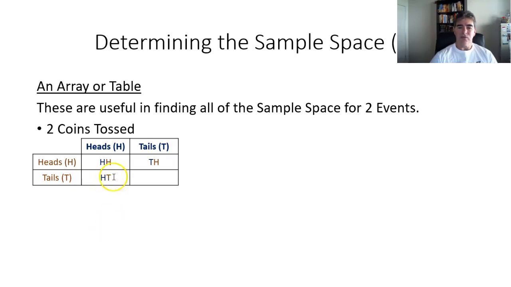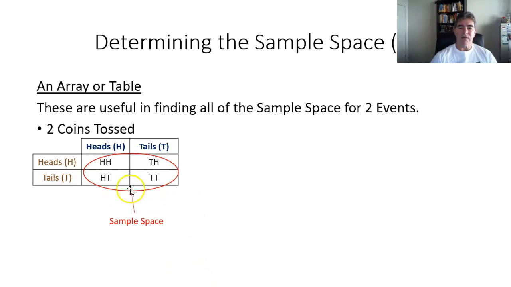Now when you toss 2 coins at the same time, these look the same when in fact they're different. And then we can also have the first coin landing on tails and the second coin landing on tails as well. So we've come up with all our possibilities, and all of that in there is what we call our sample space.